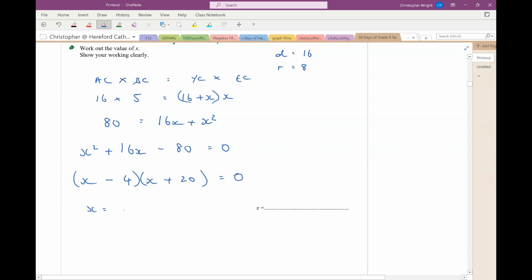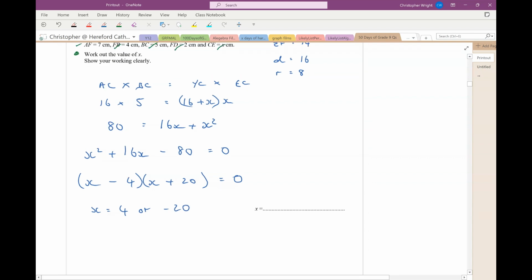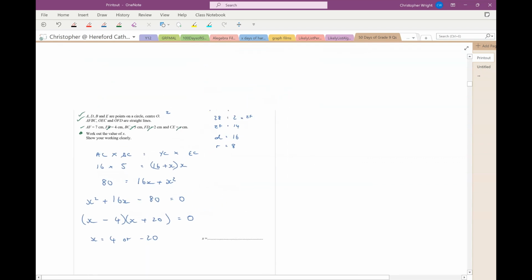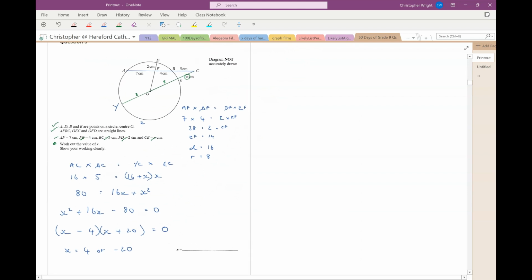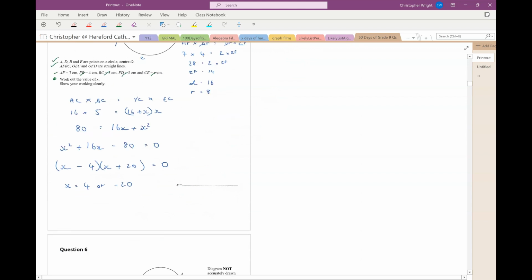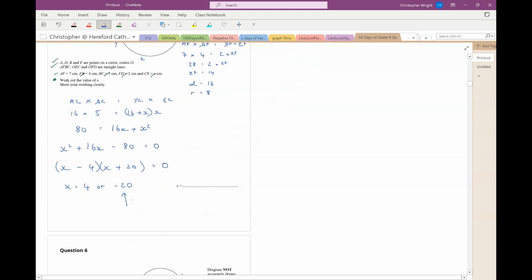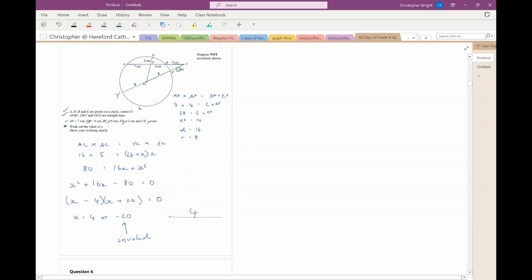My solutions are x is 4 or minus 20. So are there two answers then for x? Let's have a look at the diagram. Does it make sense for x to be negative 20? It doesn't. X is clearly a positive value. So x is minus 20 is not valid, meaning that the answer is that x is 4.